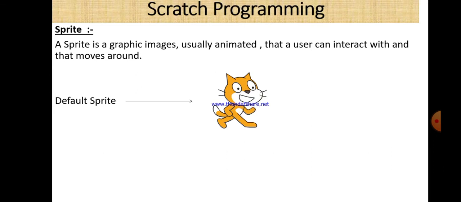You can even change the color and size, and reshape a sprite in Scratch programming. We will discuss it later on, but as far as definition is concerned, sprite is a graphical image, usually animated, and the user can interact with it and move it around.